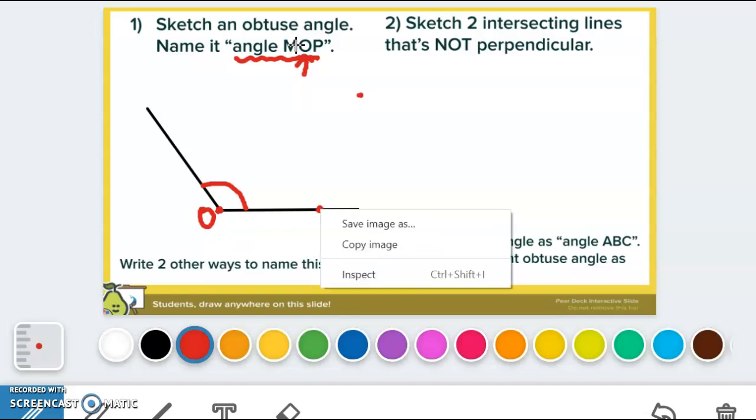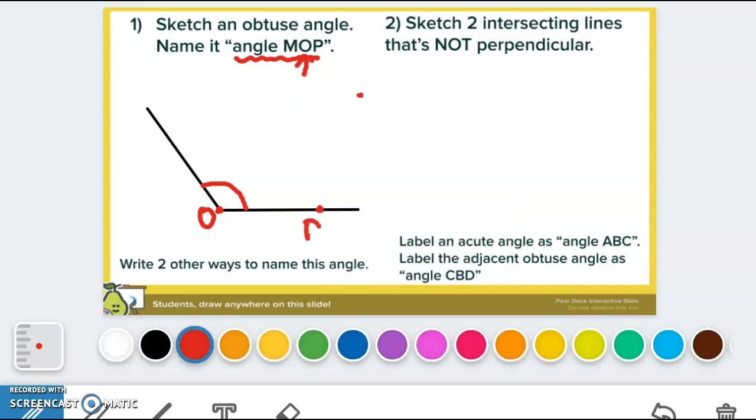So this is going to be P. And another point on that line is going to be M. So MOP is angle MOP. We would write this as angle MOP, and it will be this angle here. They're all points on the line.